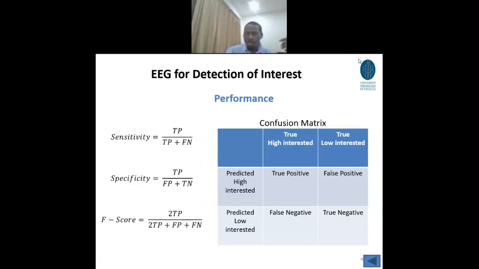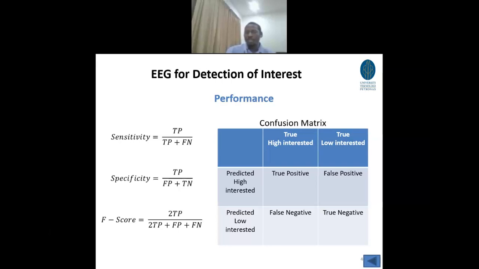Now, if you remember, for machine learning, once you have any system, you have to check its performance. I will not spend too much time on this. Let's say this is true positive, false positive, false negative, true negative. In general, people will report the accuracy.